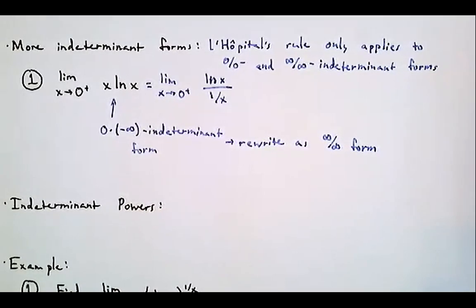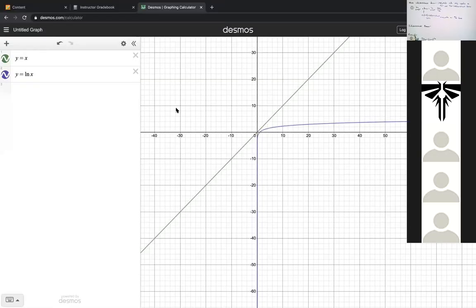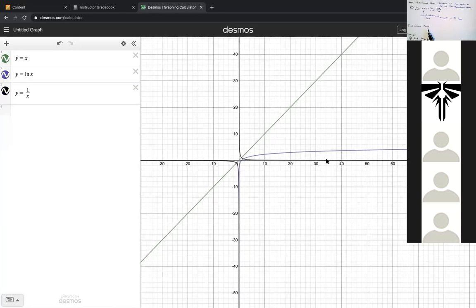We can just go over to the graph. I'm sure you already know what 1 over x looks like, but pictures always help. So the black graph is 1 over x, and you probably remember that this has a vertical asymptote at x equals 0.